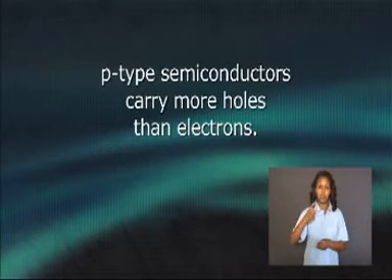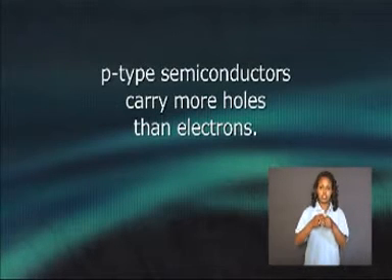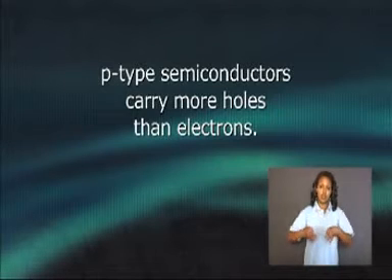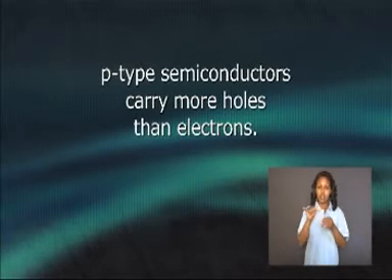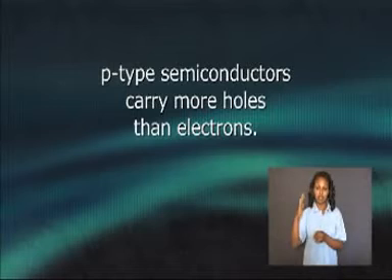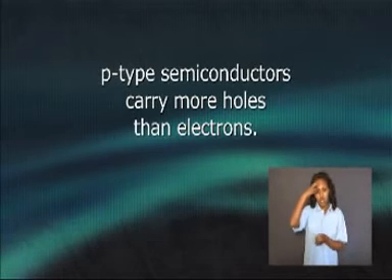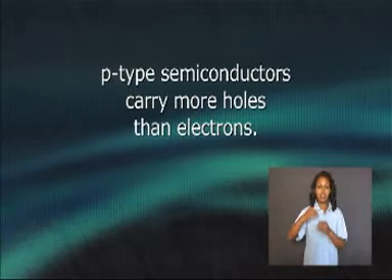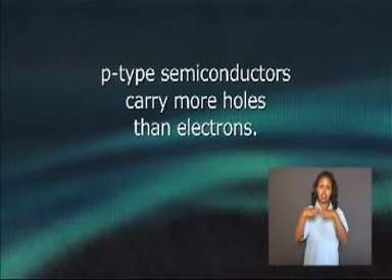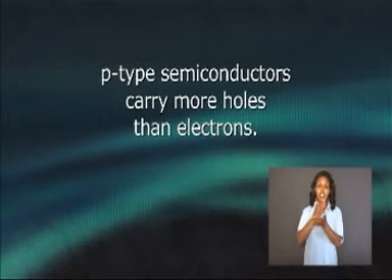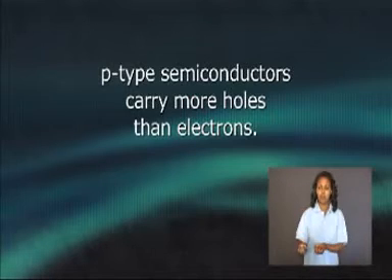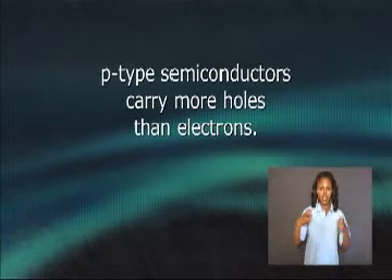We call extrinsic semiconductors that have been doped with acceptor impurities P-type semiconductors because they have more holes than electrons. P-type semiconductors have holes as their majority carriers and electrons as their minority carriers.